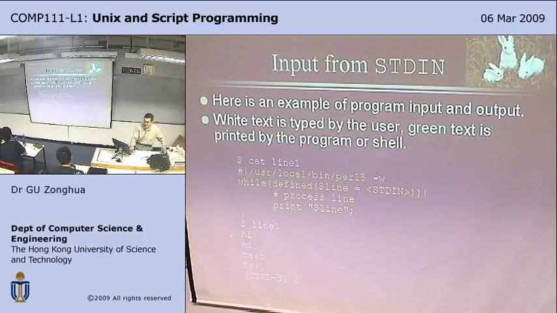You execute the program, you type in hi, it echoes back hi, you type test, it prints test, until you hit Control D. Then the while condition returns false, because defined of Control D returns a false value, and you exit the while loop.